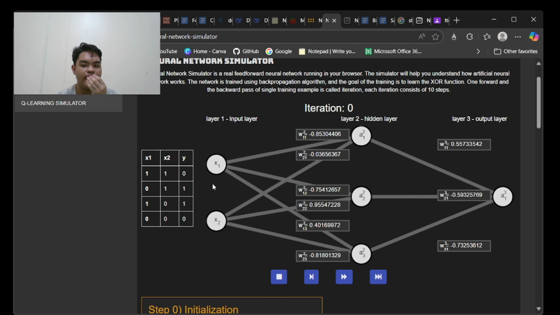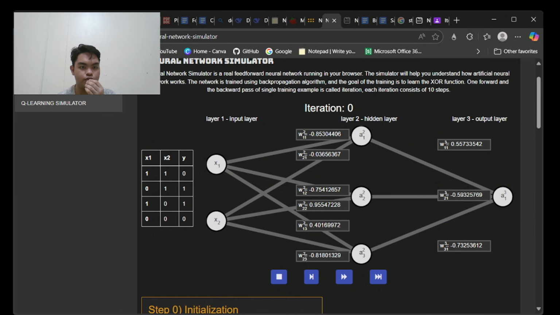The input layer has two neurons, represented here with X1 and X2. As you can see, this already answers our question number three on how many inputs the neural network has. We know the answer, which is two. The neural network has two inputs. This represents the two values we feed into the XOR function.